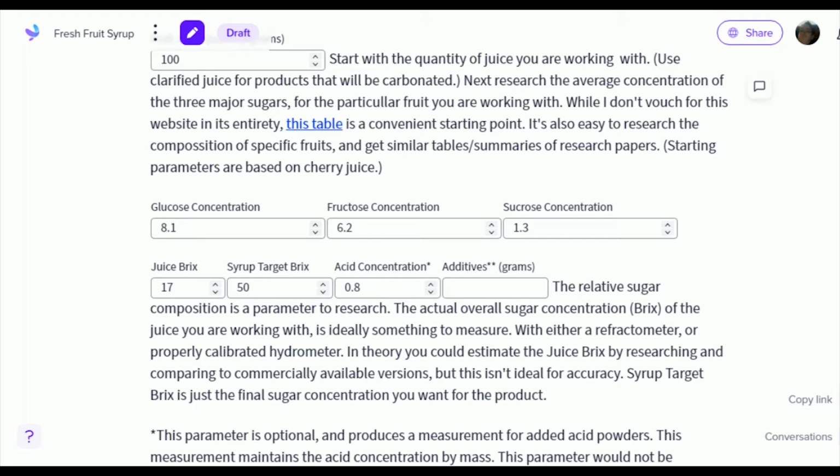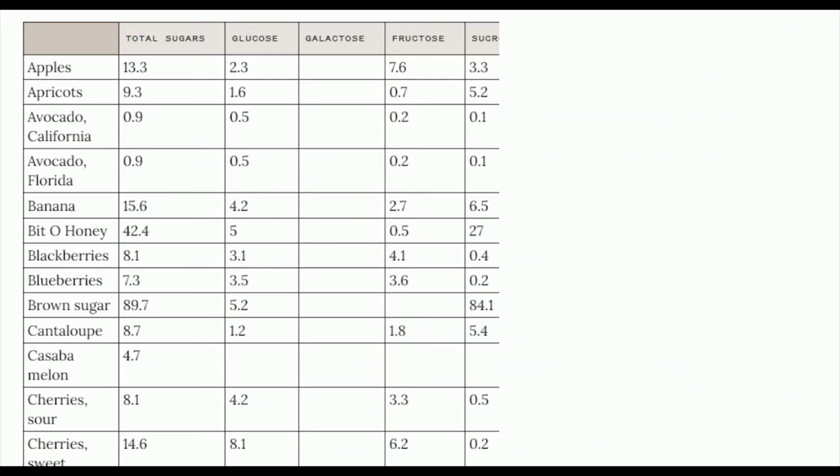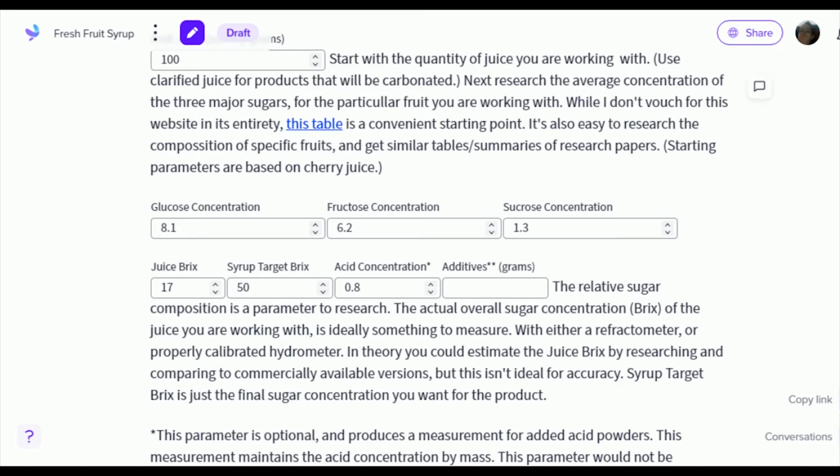But let's say we're going to do blueberry. So we go back to this table. We look at blueberry. Okay, so 3.5 glucose, 3.6 fructose, and just 0.2 sucrose.